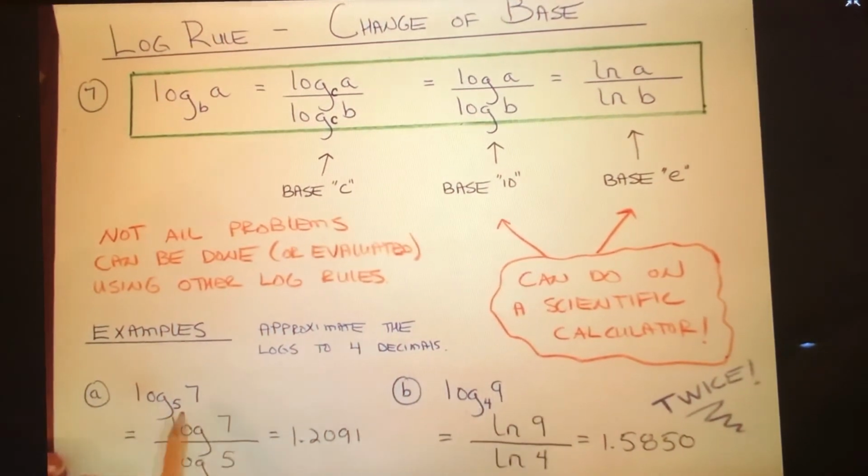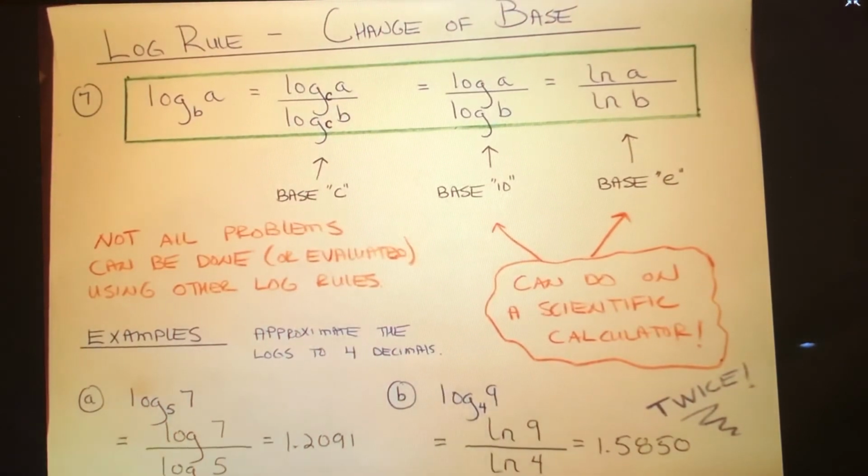Or sometimes they might just say evaluate this, and by looking at it, none of the other log rules apply. And so you pretty much know that you need to go grab your calculator and use the change of base process. Pretty straightforward. Again, I think it's one of the cleanest log rules.